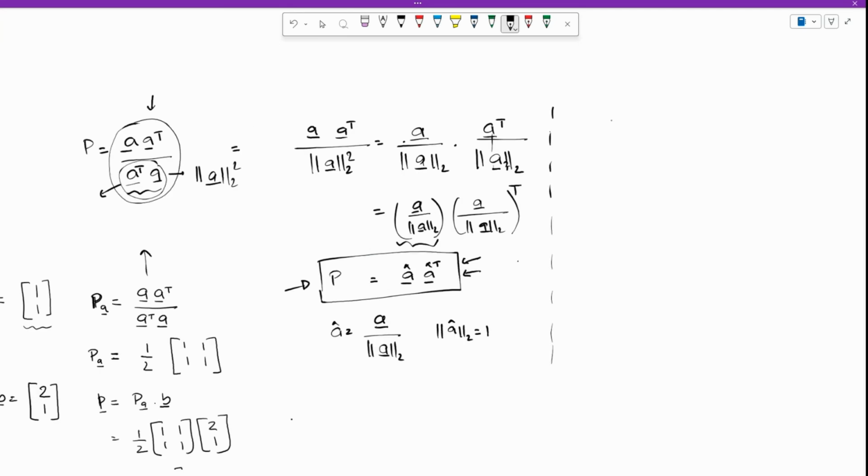Okay? Let's do an example. Let's say we're talking about a subspace which is spanned by a given vector, and that's the subspace onto which we want to project.